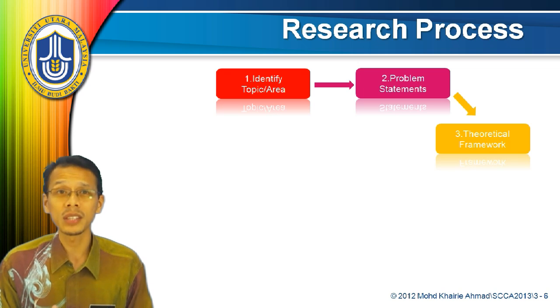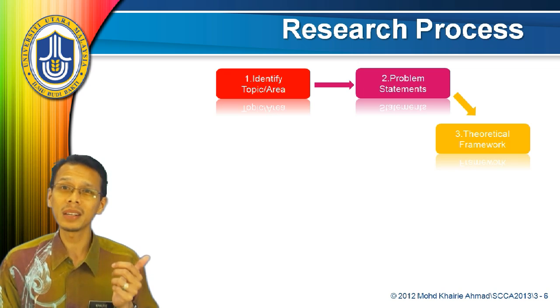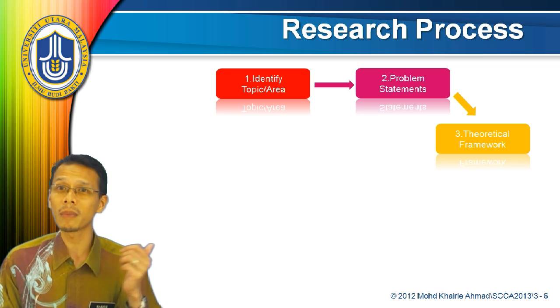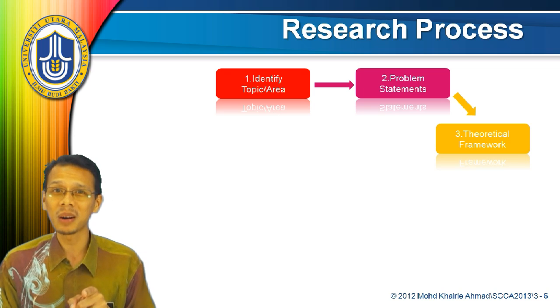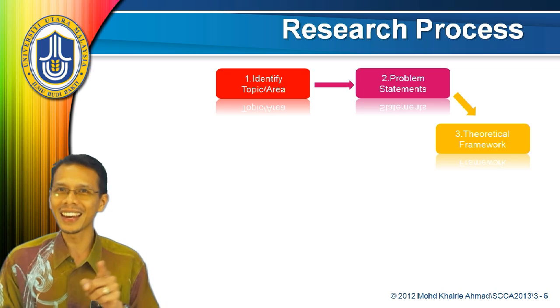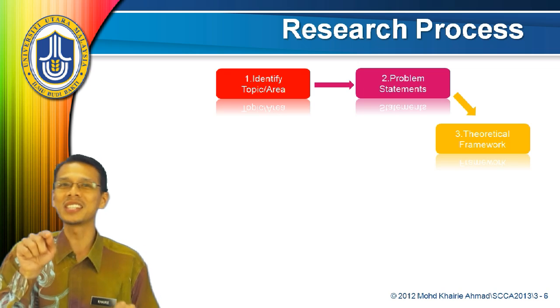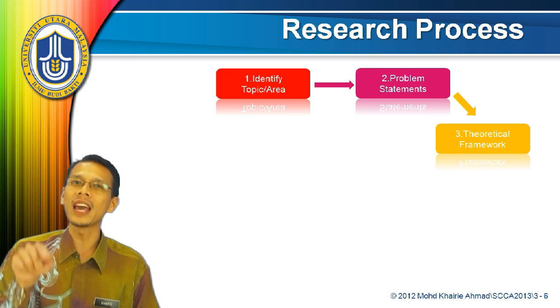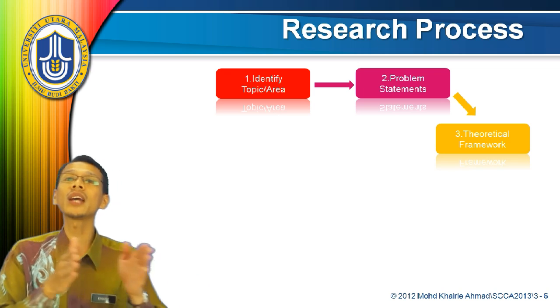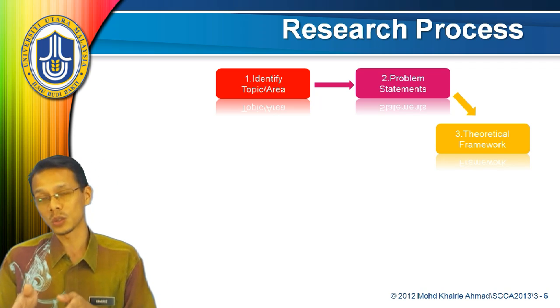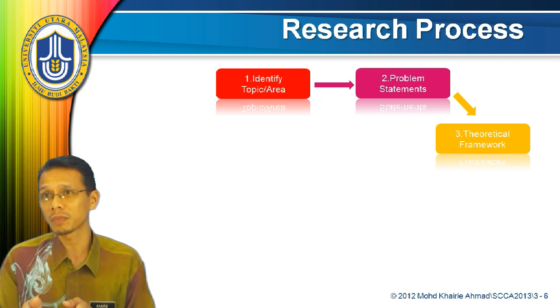Students, my dear students, you still remember in the very early part of my presentation just now, we discussed theory and research. This is where we practice our understanding based on theory and try to relate it with our research.